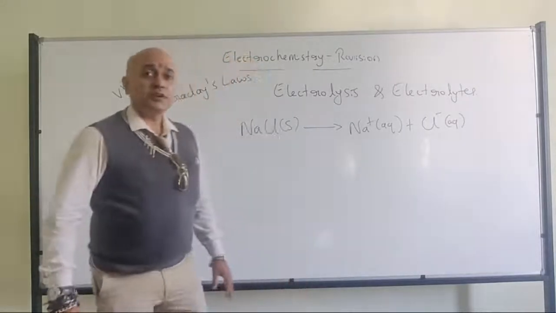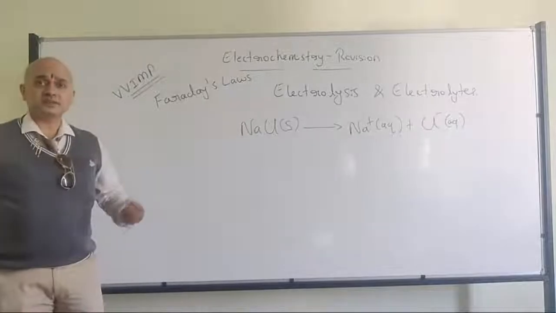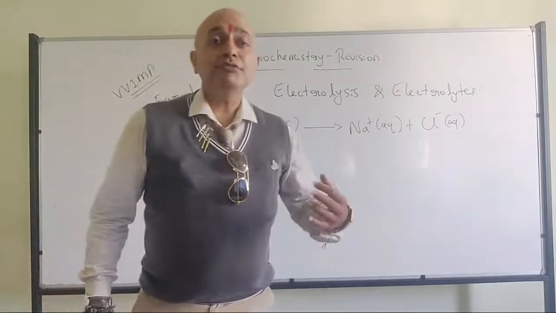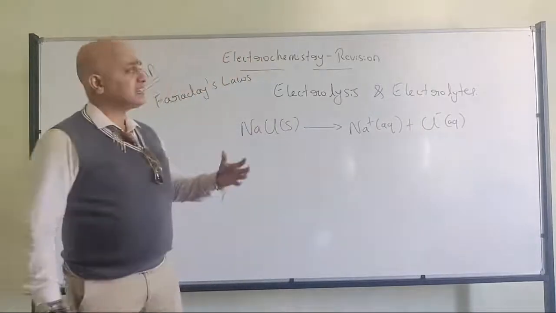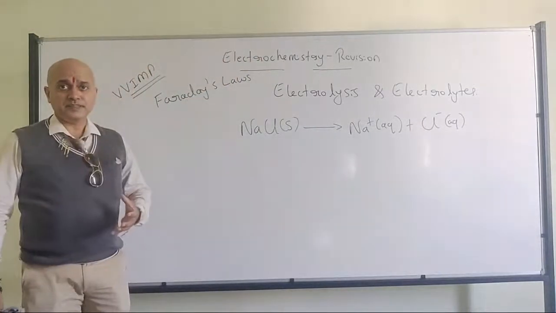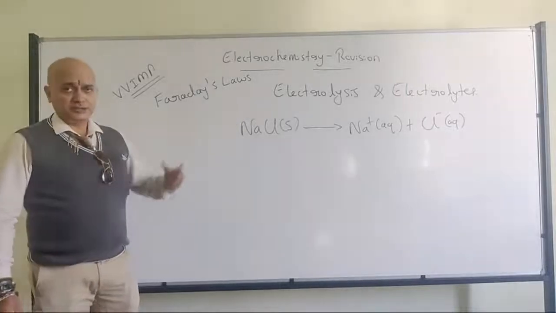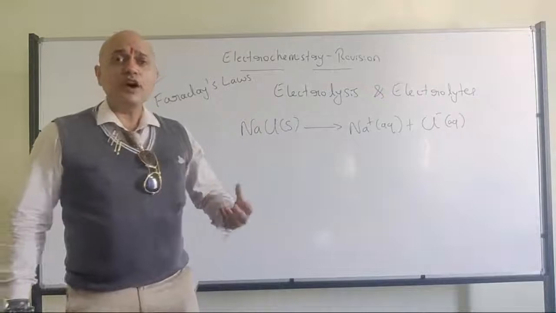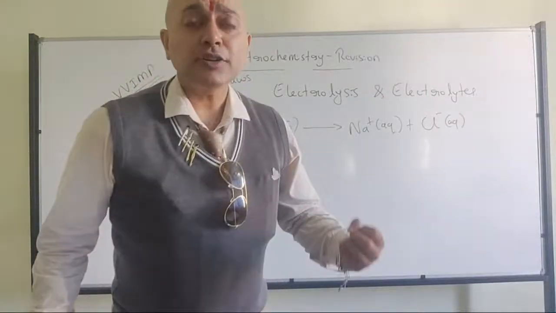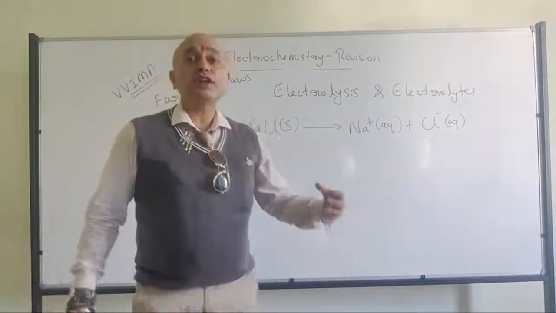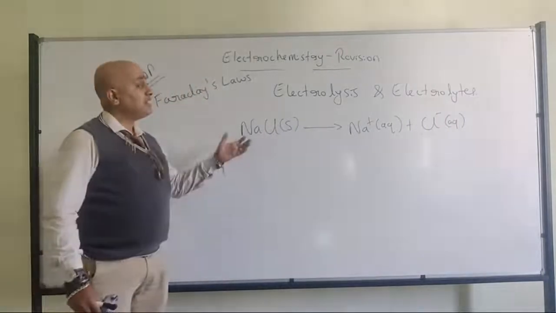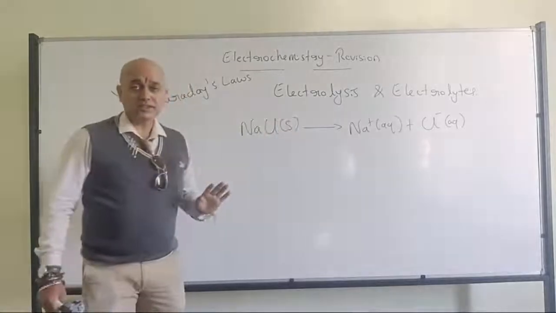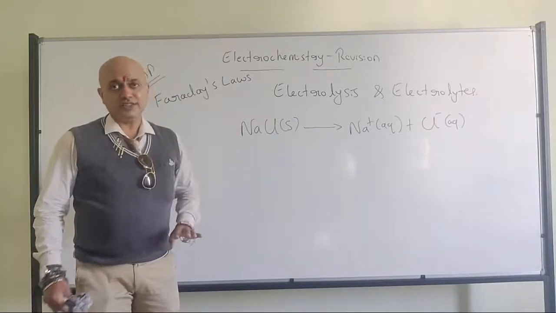So what do you mean by electrolytes? These are the substances which are in liquid or molten state and which will be dissociated when electric current passes through them. Now, what do you mean by electrolysis? It is the phenomenon where there will be dissociation of electrolytes when electric current passes through them. That's why we have the two terminologies which are related to each other.